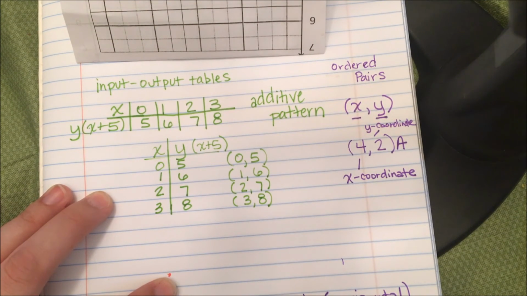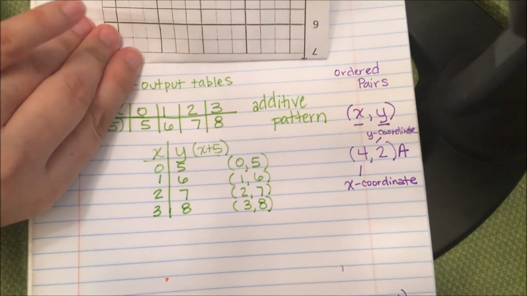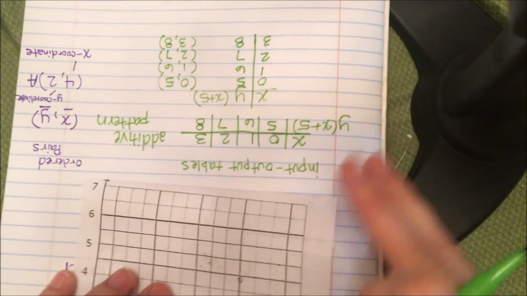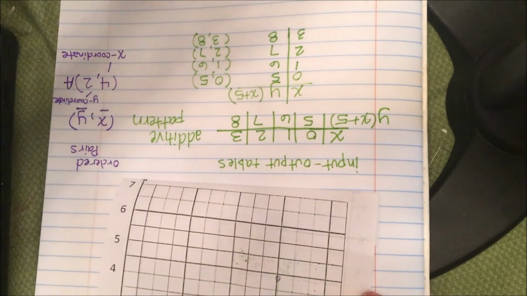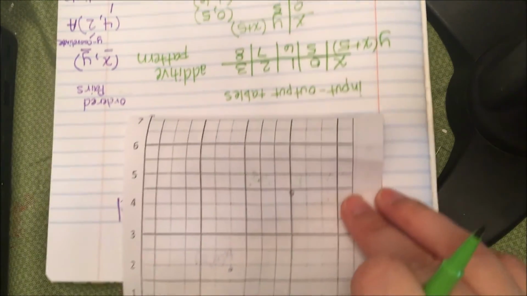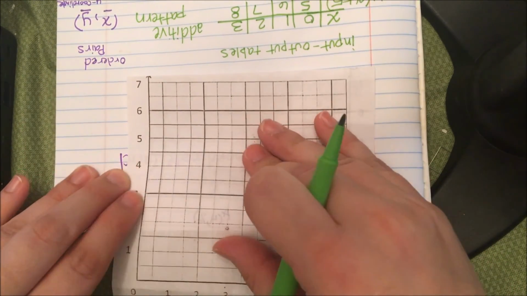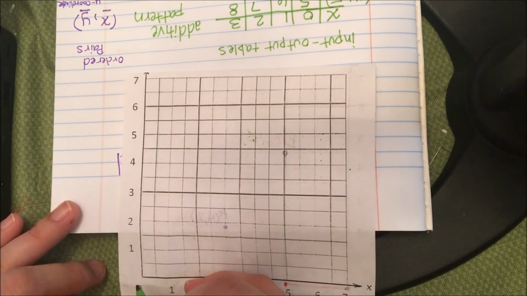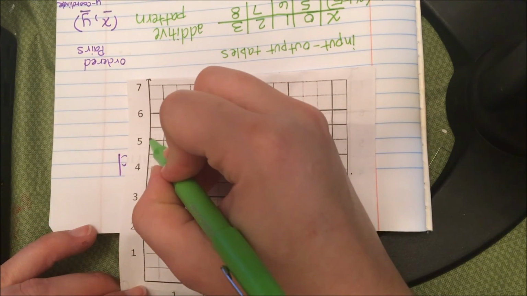Okay, so let's go ahead and turn our coordinate grid upside down and graph those points. So I'm turning my paper around. Okay, and that first point that we had was 0, so x 0, and then up 5.